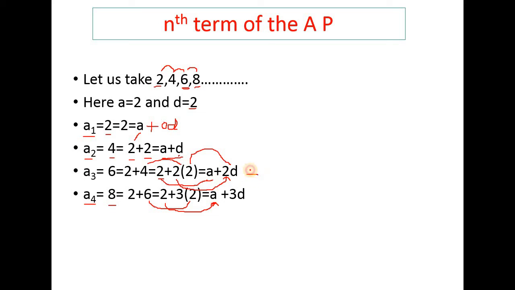So we can write A plus 3 minus 1 into D, and 3D can be written as A plus 4 minus 1 into D.